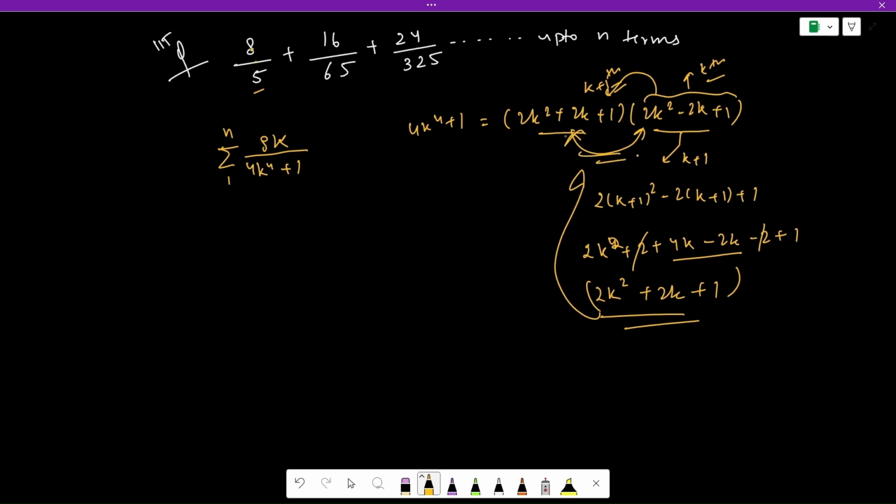So we can exploit this property and just break this down. So this will be equal to 8k divided by, also now let's see what is the difference. The difference is 4k, but we have 8k in the numerator, so we can write it as 4k into 2 and the denominator as (2k square plus 2k plus 1) into (2k square minus 2k plus 1).